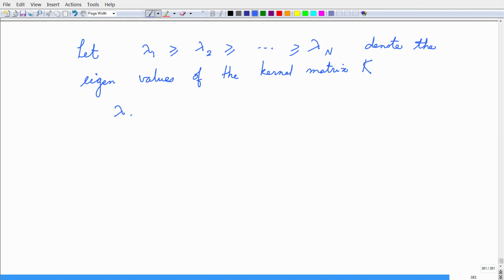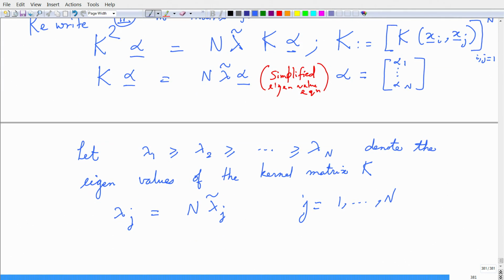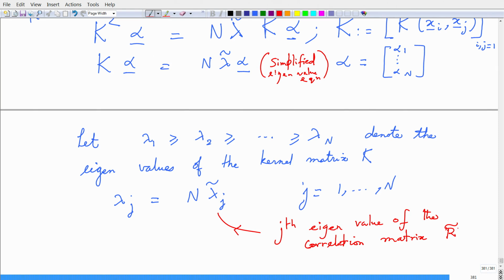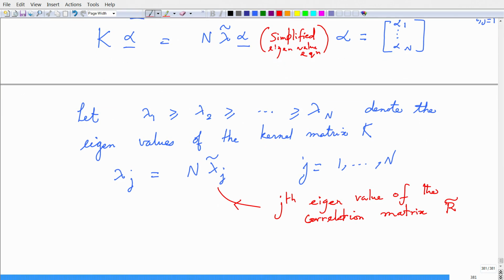Now, if I set lambda j to be capital N times lambda j tilde for j equals 1 through N, you can see this equation here, where lambda j tilde is the jth eigenvalue of the correlation matrix R tilde, right.